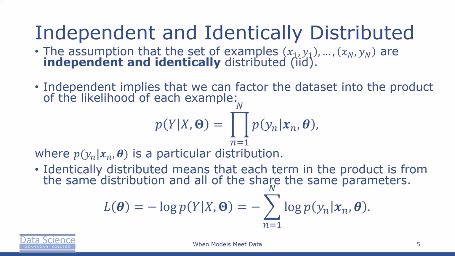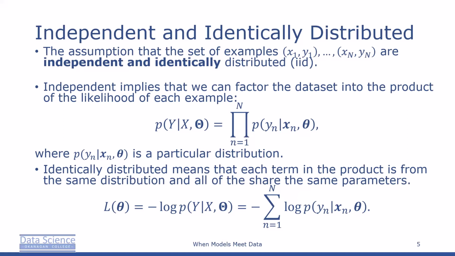That is, the probability of capital Y given capital X and theta is the product of the probability of yn given xn and theta. The expression identically distributed means that each term in the product is of the same distribution and all of them share the same parameters.